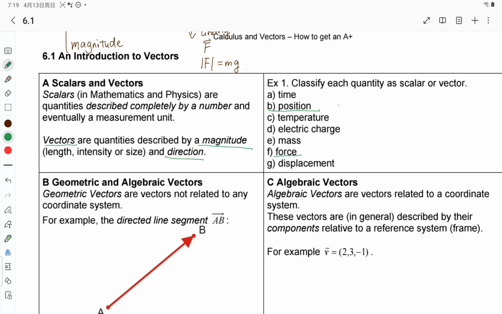If we have an origin, and the current position is at P, we can definitely use a vector to describe position. Mainly the position and the force.